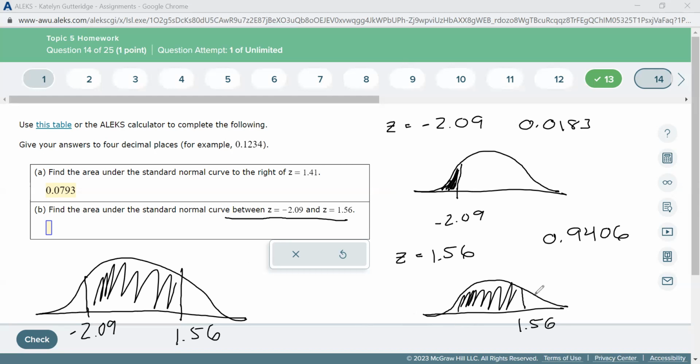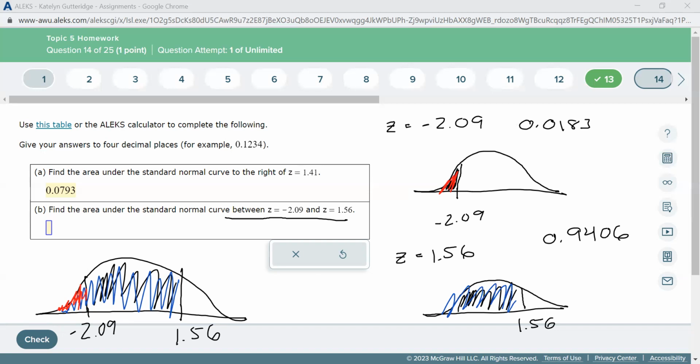Okay, so 1.56 is in blue. So that's this whole area from that one line all the way to the left. Negative 2.09 is red, and it's representing here. So what I need to do is take that red chunk away from the blue chunk, and that will leave me with just the part in the middle.